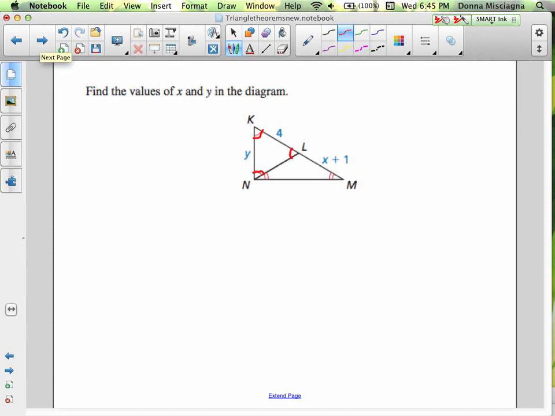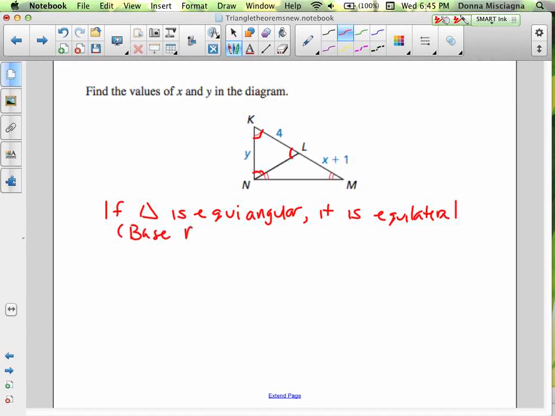And as soon as you see you have 3 angles congruent, remember, if a triangle is equiangular, it is equilateral. Right? And that's just part of base angle theorem. So that means y equals 4.